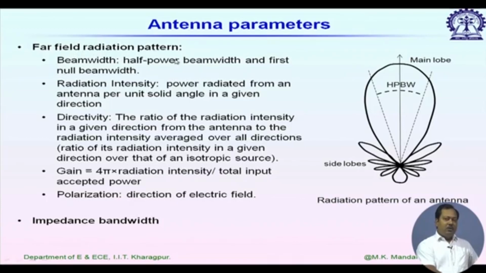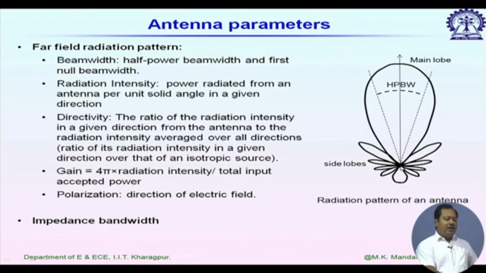We measure the electric field, or power which is the square of the electric field, and its variation with respect to angle, and if we plot it in r theta phi coordinates, the corresponding plot we call the radiation pattern. Here you can see a picture showing the radiation pattern of an antenna.